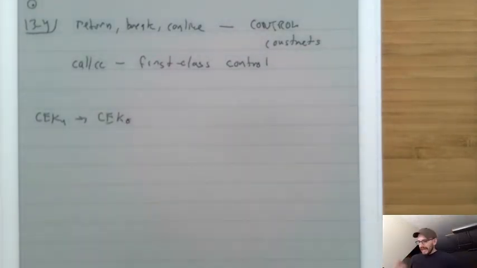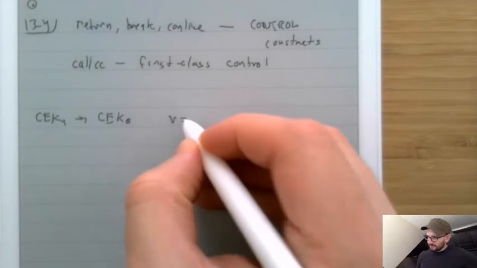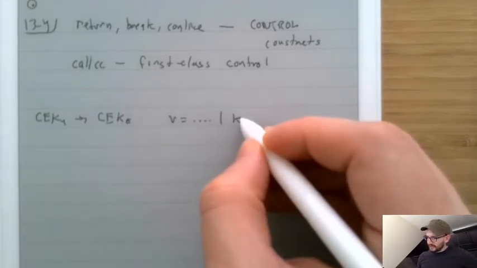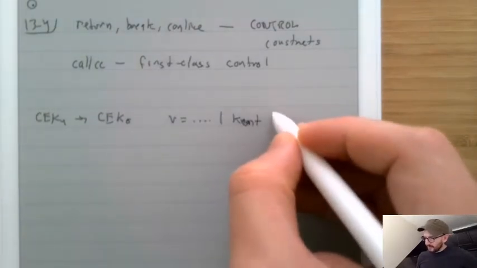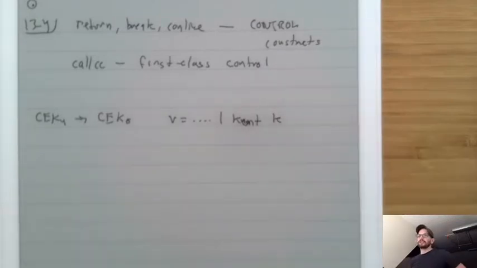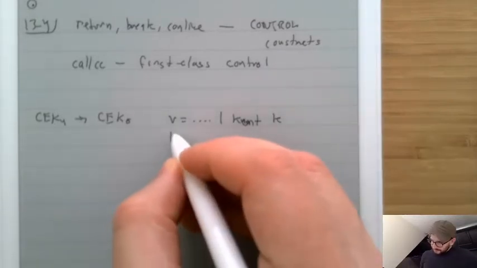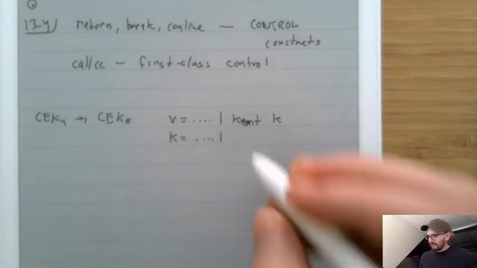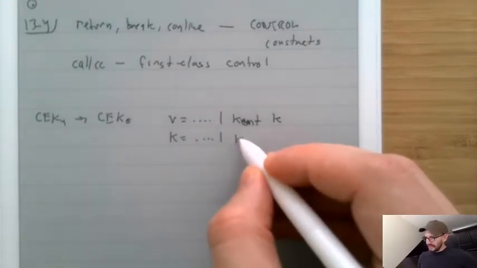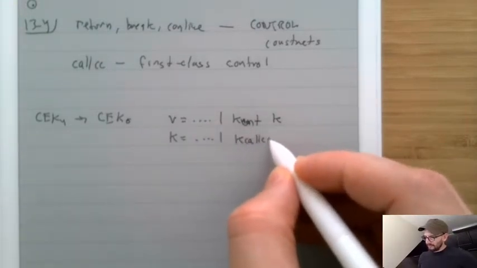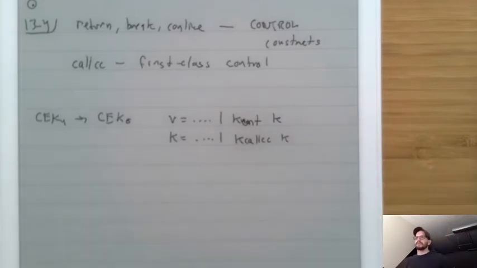What we're going to do is we're going to add a new kind of value, and it's called the continuation value. So it is a value that wraps a continuation object. And then continuations are going to have one more thing, which is called a K call CC. And it embeds a K object. And here's how it works.